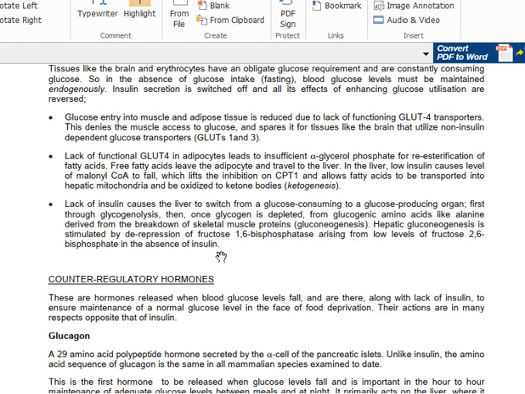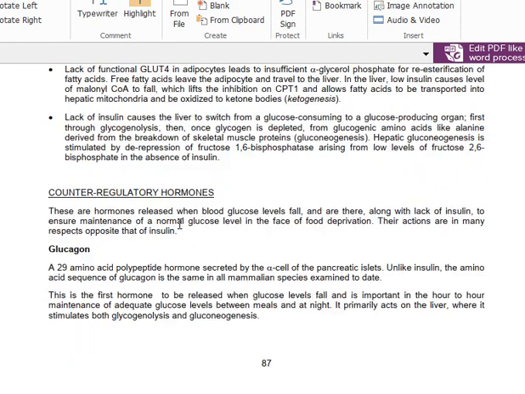So hepatic gluconeogenesis is also going to be stimulated by the derepression of fructose 1,6-bisphosphatase. Is it clear? So these are all the methods by which glycogenolysis and gluconeogenesis are activated.